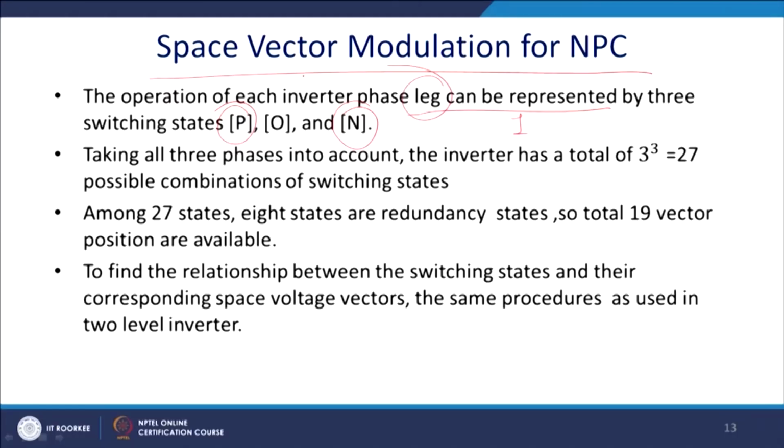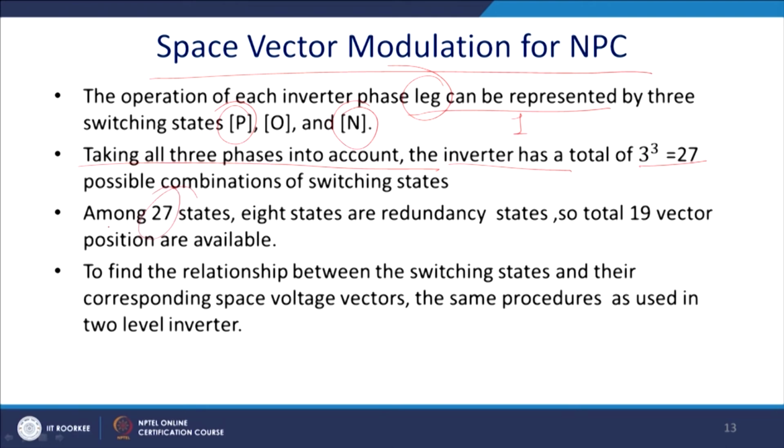The operation of each inverter leg can be represented by the 3 switching states, that is P, O, N. Taking all these phases into account, the inverter has a total of 3 to the power 3, that is 27 states, possible combinations of switching states.